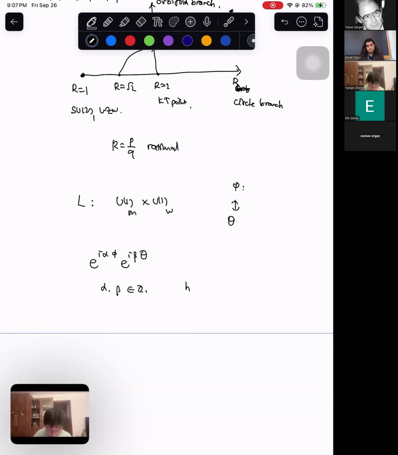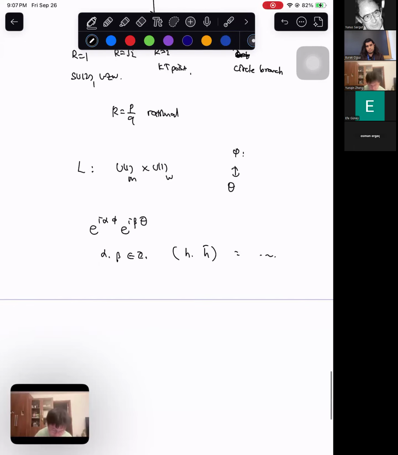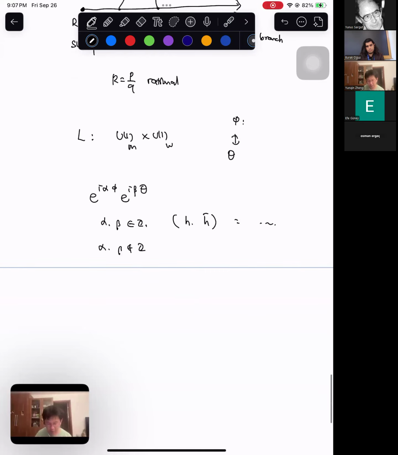You can work out the scaling dimensions, h and h bar, which have some expressions. In general, for α equal to β not equal to integers, they are operators in the twisted sectors.